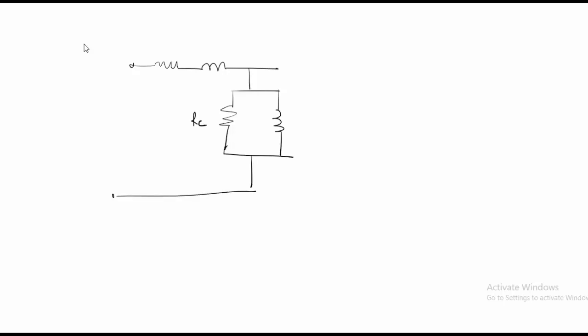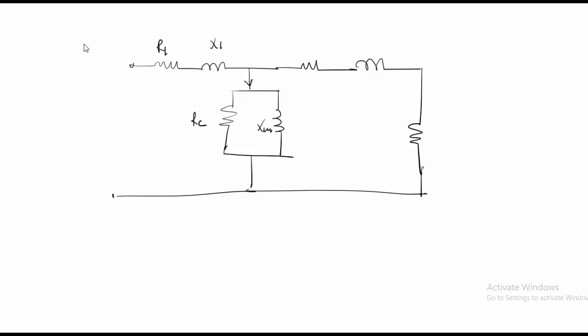So this is R1, X1, this is XM, and this is IM, and this is RR, and this is XR, and this is a variable component, which varies according to the slip, given by (1 minus S) divided by S.